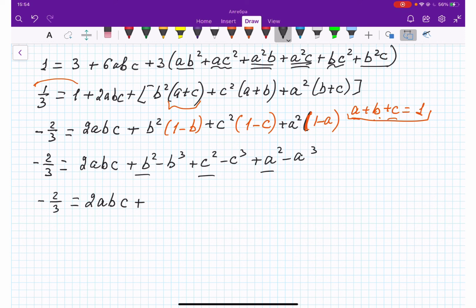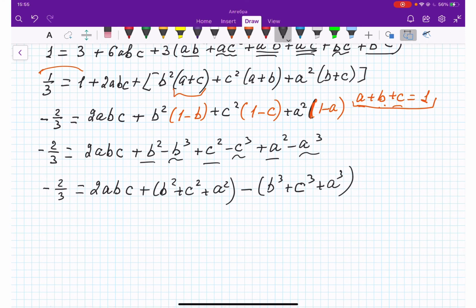So I'm writing down b squared plus c squared plus a squared, right? And minus, so what I have left, negative b cubed, negative c cubed, negative a cubed. So I put minus in front of parentheses, and inside I get all positive, b cubed plus c cubed plus a cubed.